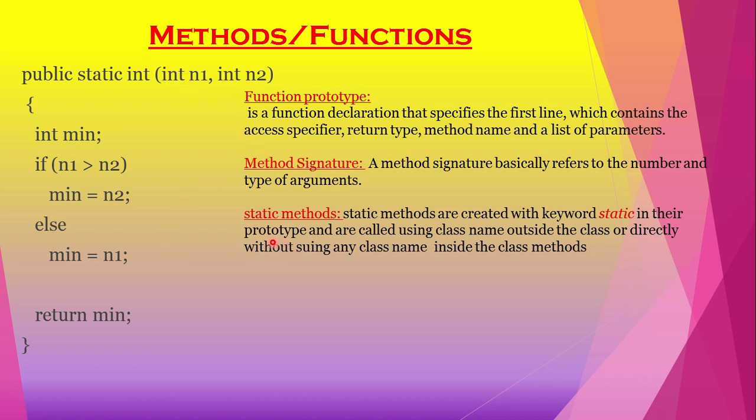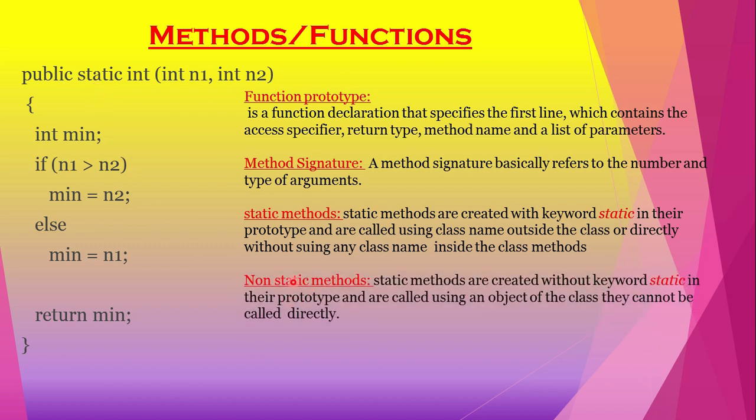Next is static methods. Static methods are created with the static keyword in their prototype and are called using the class name outside the class or directly without using any class name inside the class. How it will be called, I will explain afterwards, but just understand, static method means when you declare a method, it will include the static keyword.